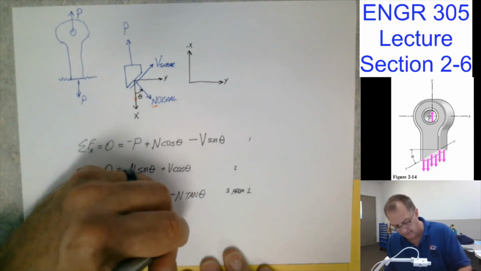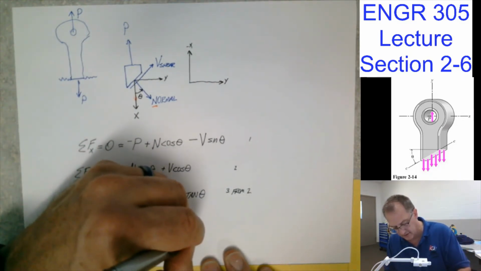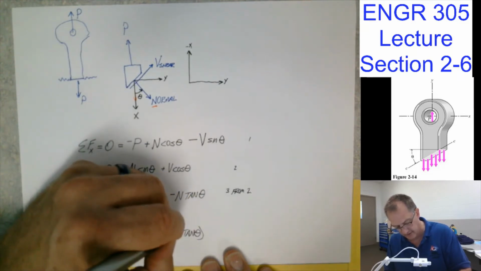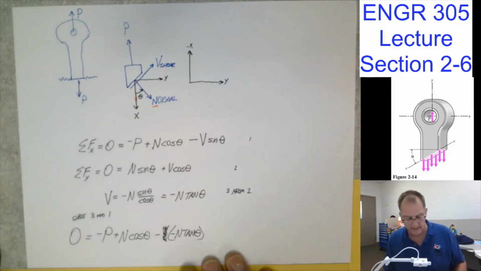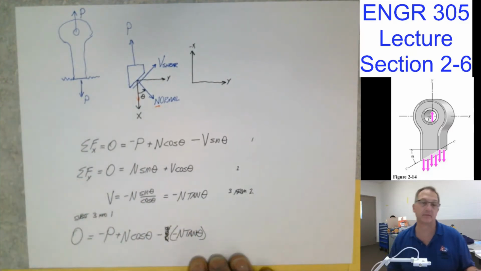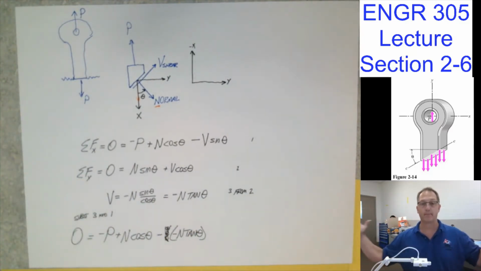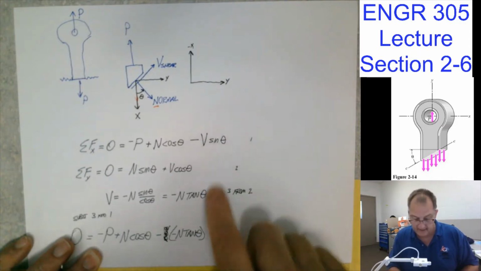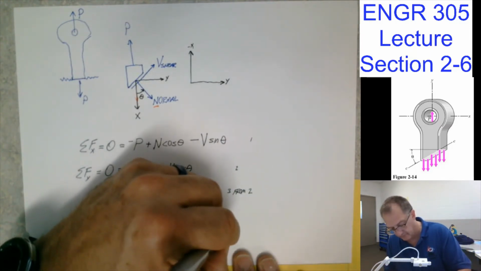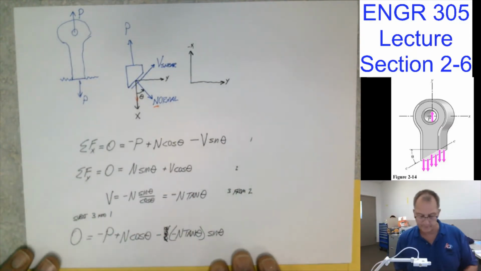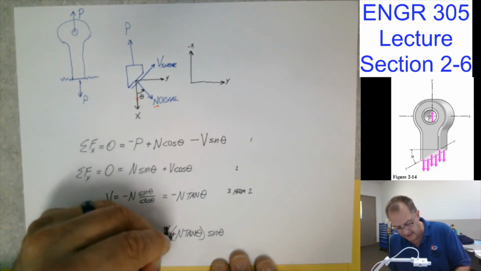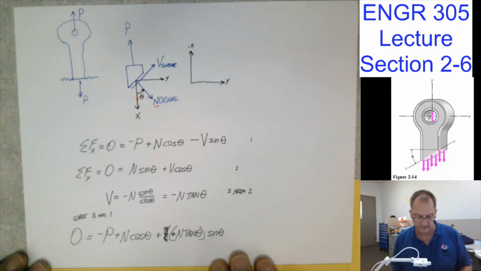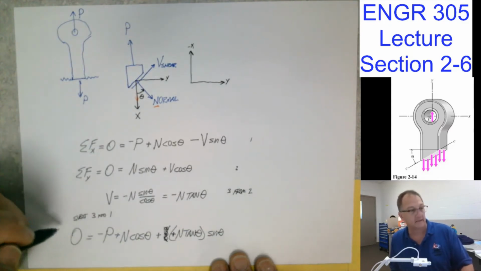It's going to be a minus N tangent theta. That's my V. Don't use pen. Don't use pen. And then just don't make mistakes. And then I've still got to have a sine theta. Well, I can get rid of the plus, two negatives are going to make a positive, so we'll get rid of that.